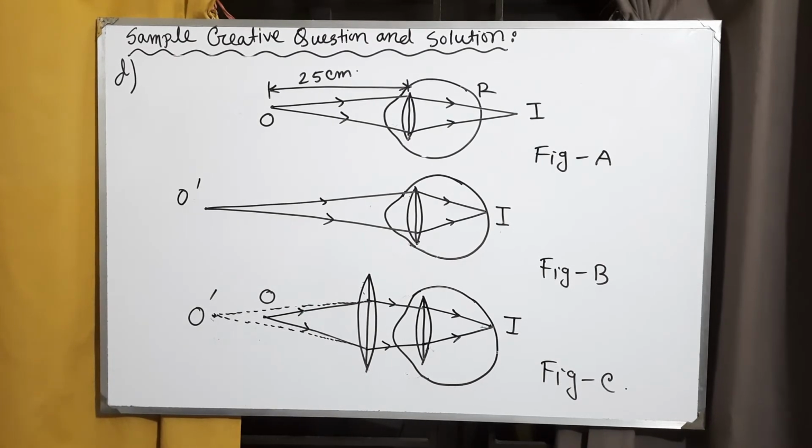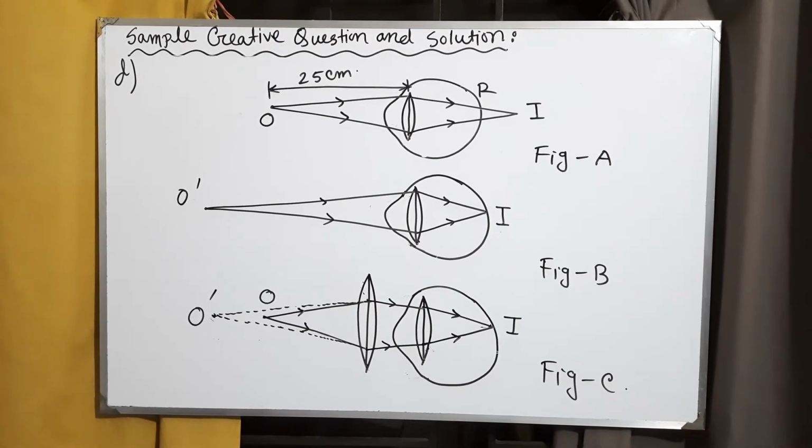Therefore such a defective eye cannot see any object distinctly which is placed nearer to O. Such a defect of the eye arises due to the decrease in the power of convergence of the eye lens.